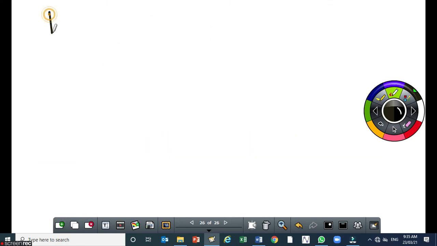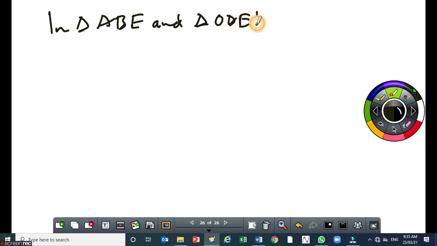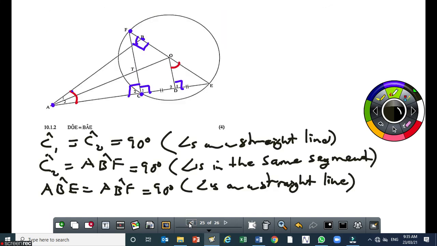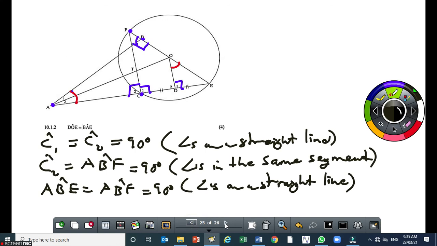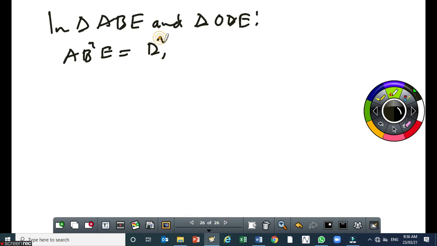Okay? Check this. Now ABF is equal to D1. ABE is equal to D1, both are equal to 90 degrees.